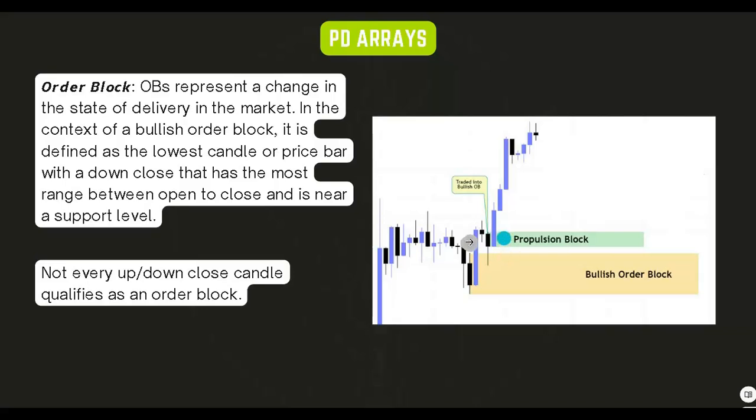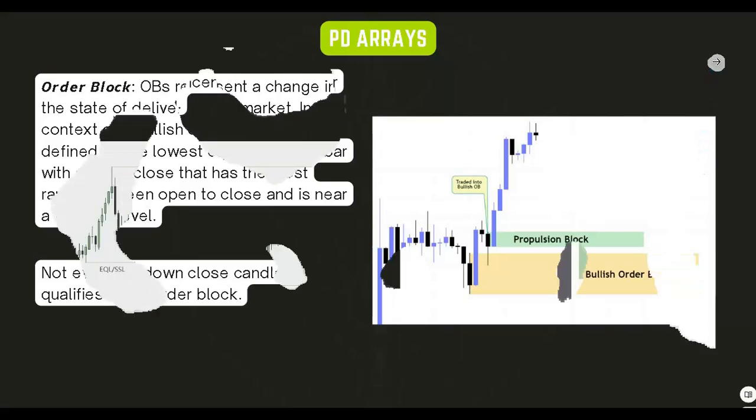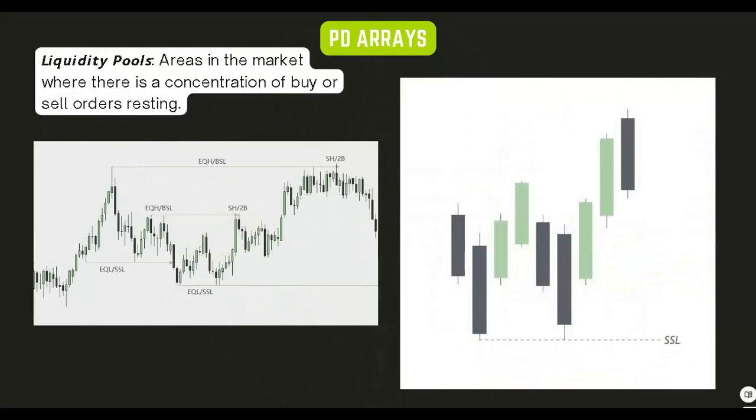And if price doesn't come to the propulsion block, then we would use this fair value gap between this candlestick and this candlestick. The space in between that is the fair value gap. We would have our entry right there. If we enter down here, then we would use the subsequent PD arrays in here as our scaling areas or scaling points. Very easy.